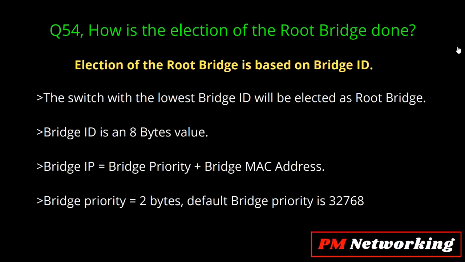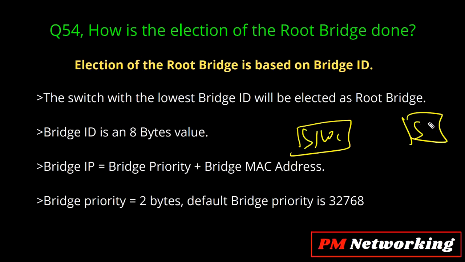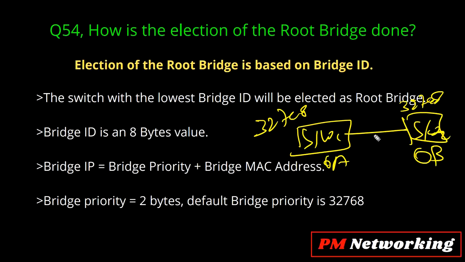Okay, so suppose we have switch number 1 and switch number 2. Suppose the MAC address of switch 1 is 0A and the MAC address of switch 2 is 0B. By default priority is 32768 here also. Now the switches will calculate their bridge ID. The bridge ID of switch 1 is 32768 plus 0A.